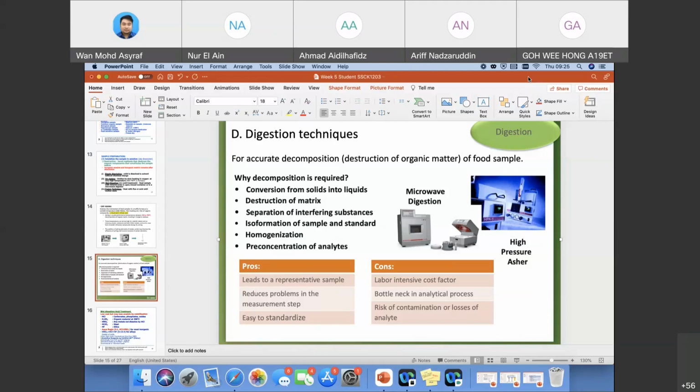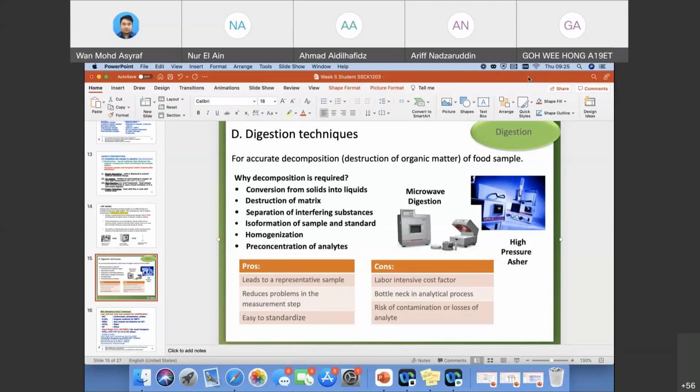So your analyte is much more concentrated, then it is much easier for it to be detected by your instrument. So secara tak langsung, your detection limit is going to be much higher as compared to the 1 liter river water.